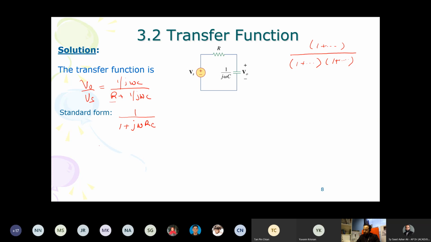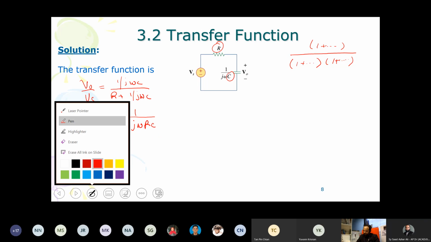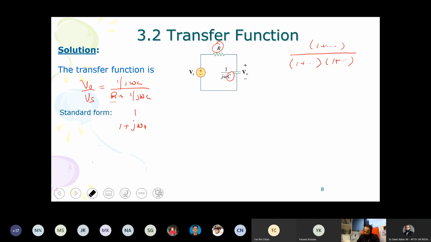Since we will be looking at particular frequencies later on, it's not bad to define a frequency that is in terms of the circuit elements. Circuit elements are R and C, and we just define a parameter which takes care of this RC in the expression.